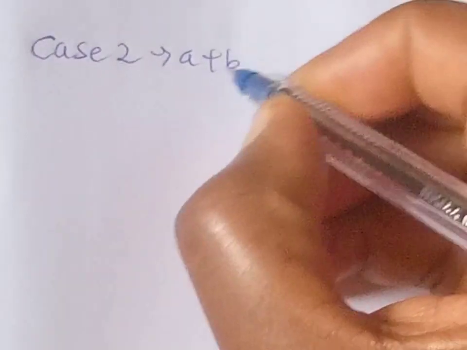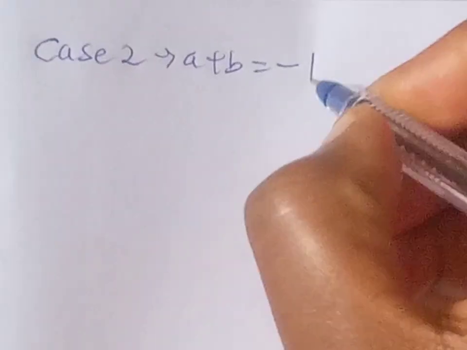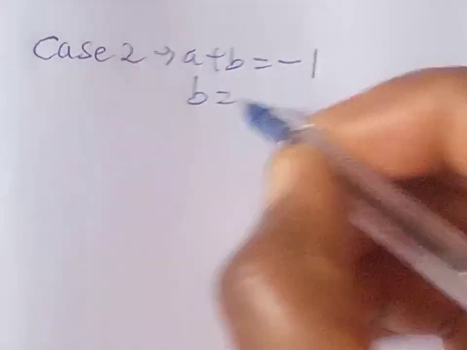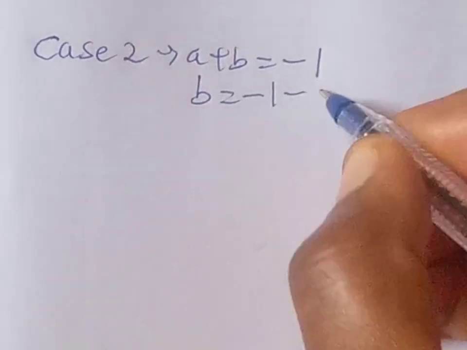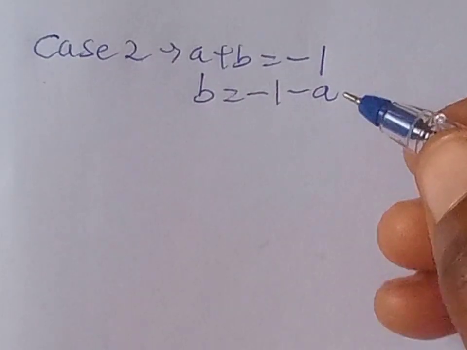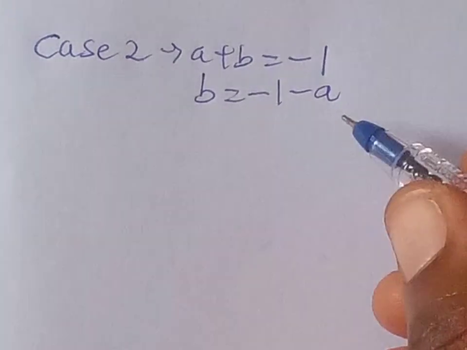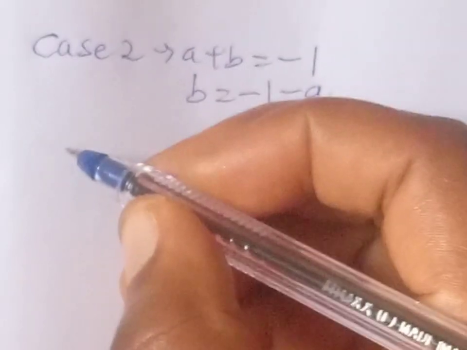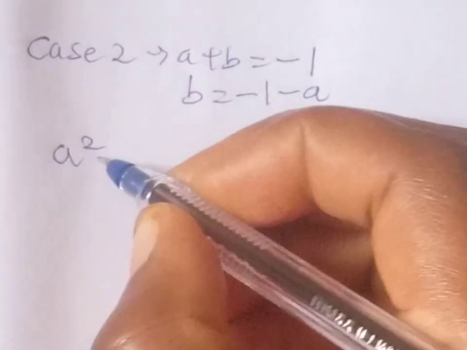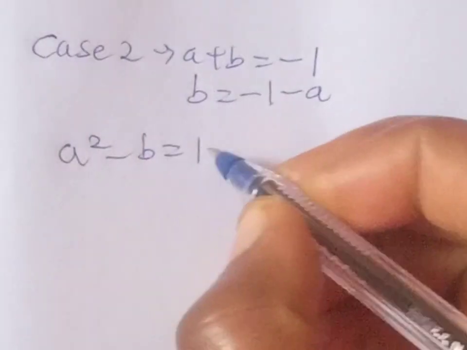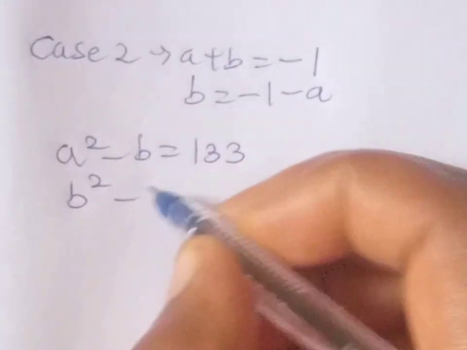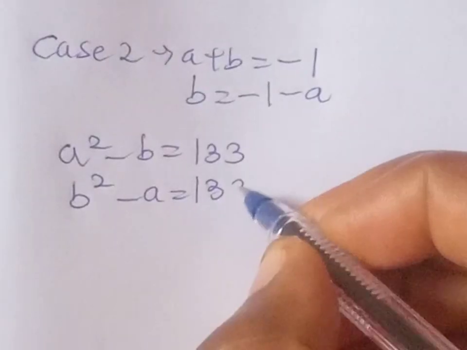Case 2 says a plus b equals minus 1, so b can be minus 1 minus a. Now let's add the original two equations together to find ab. Equation 1 says a squared minus b equals 133. Equation 2 says b squared minus a equals 133.